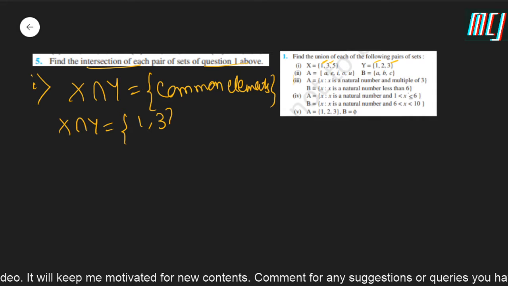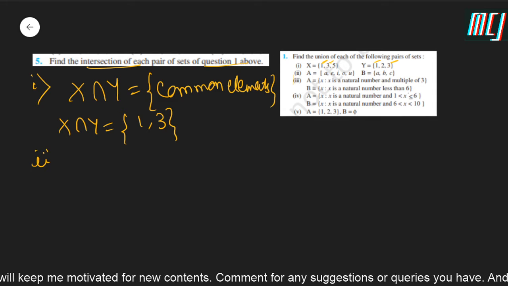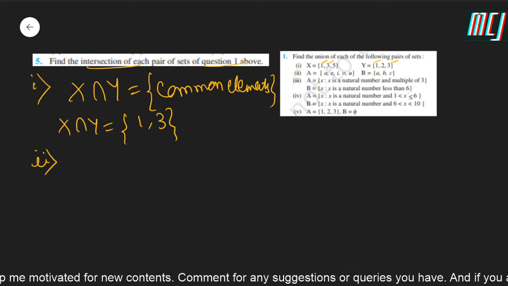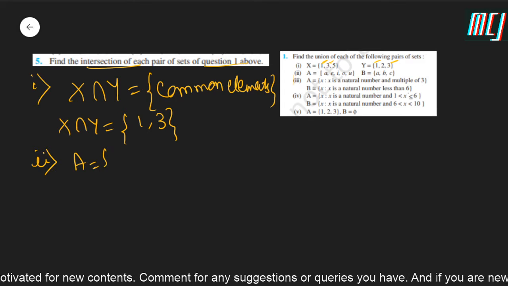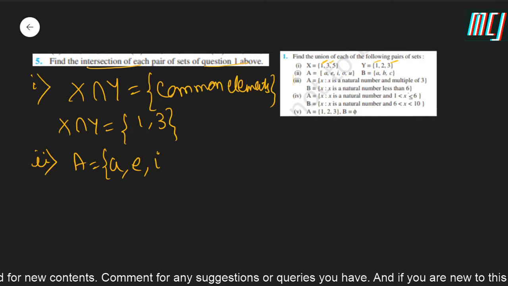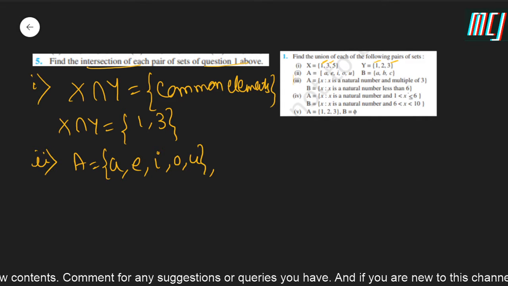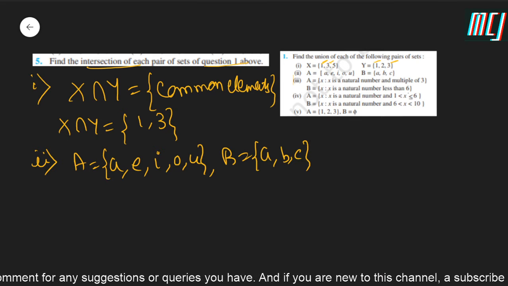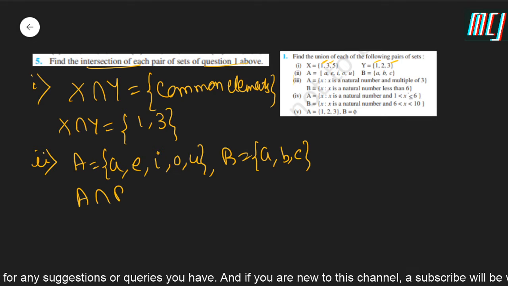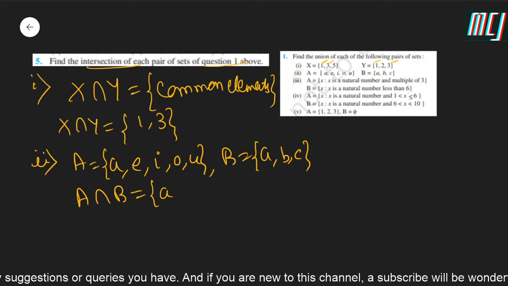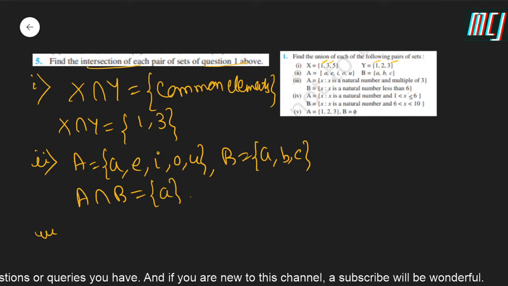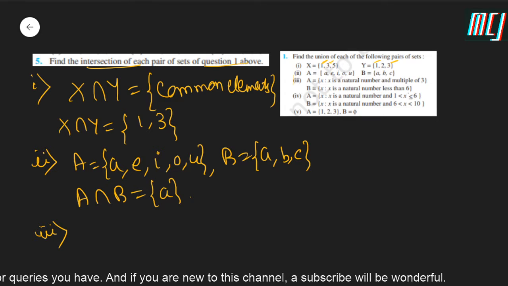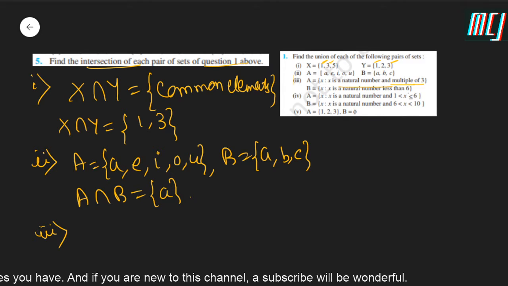So 1 comma 3. Okay, now for 2, A equals a, e, i, o, u and B is equal to a, b, c. So A intersection B equals only a. Now the third one, x is a natural number and multiple of 3.